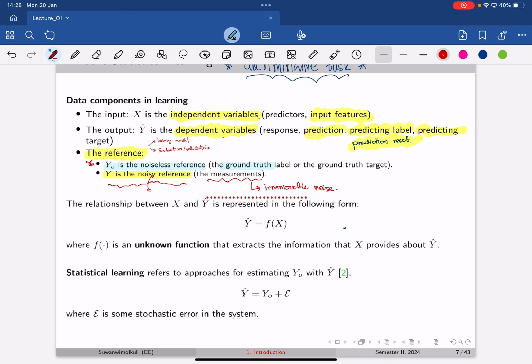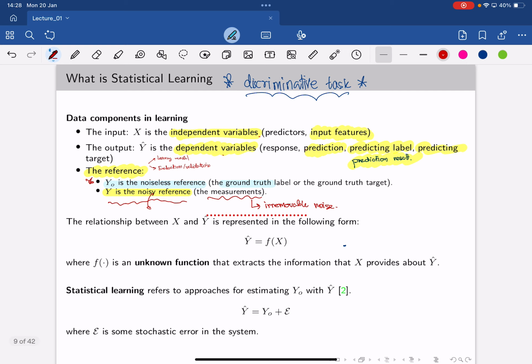Sometimes we try to separate the noise out of the measurements so that we can recognize what the performance is versus the ground truth or the noiseless one. But usually when we do the training, there is no way to avoid it. So yes, data cleaning is very important when we do machine learning, because we have to make sure that our reference could be a good representative and it will not deviate too much from the reality.